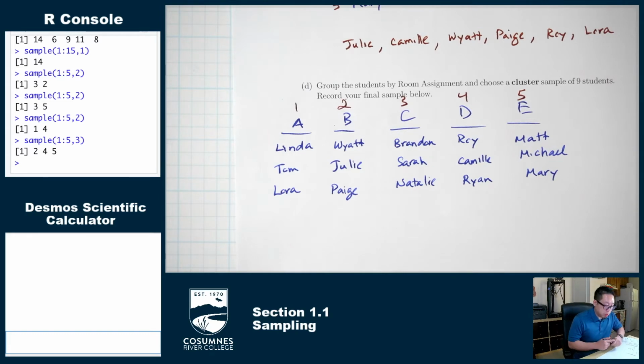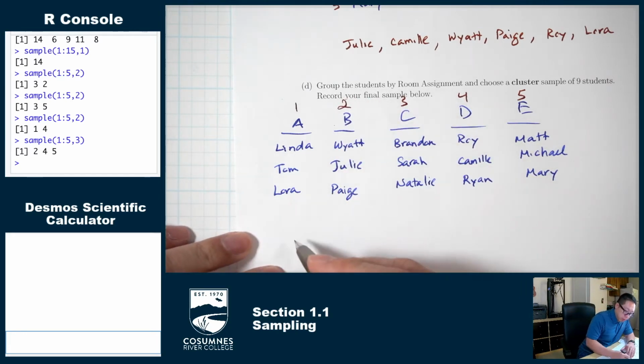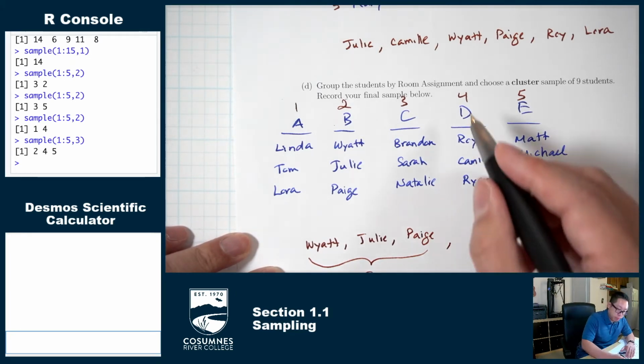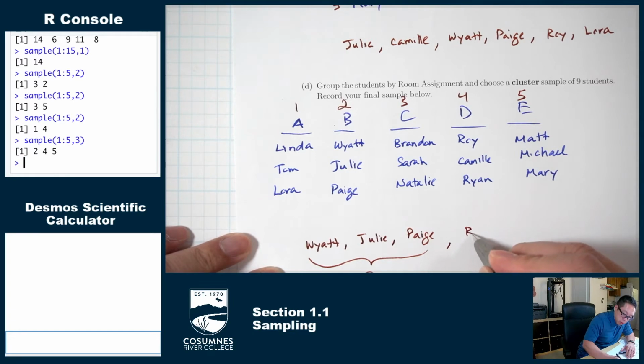So my sample is going to be everybody in group 2. So that's Wyatt, Julie, and Paige. Okay, these are all from group B, or room B. 4, which is room D. So this is Roy, Camille, and Ryan, sorry.